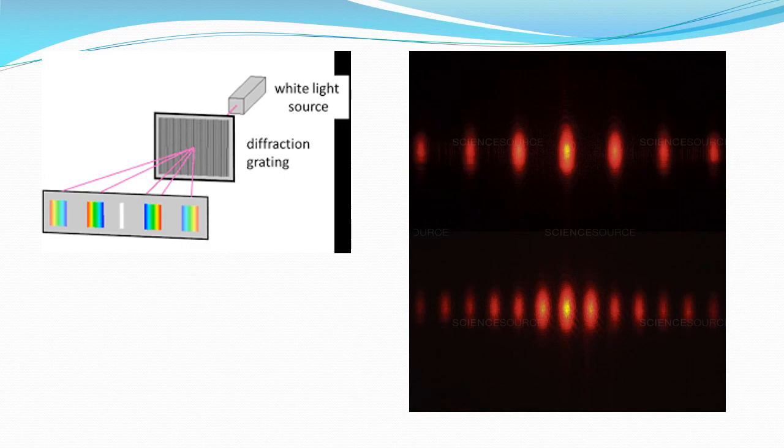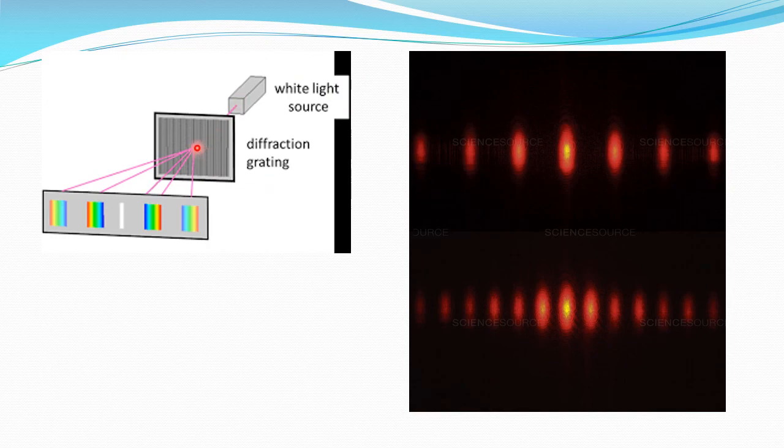It depends on a few things as to whether we see something like this or something like this. The points of maximum are further away from each other in this one than the points of maximum here. That's if we shine through a laser of a monochromatic source. If we put through a white light source, we'd see something like this, and we'll talk about this a little bit later on.